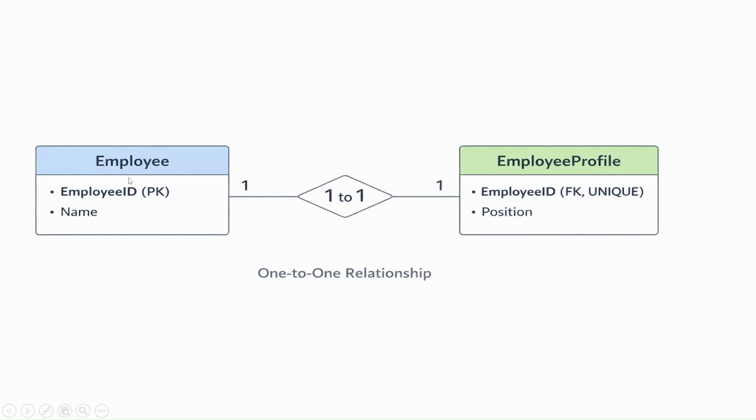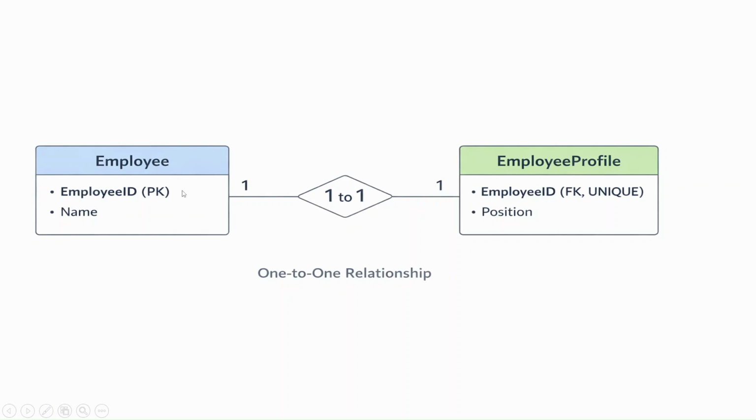These two tables are separate, the employee table and the employee profile table, but the primary key is shared between these two tables. This is the primary key, and it is shared with the employee profile table. As this is the primary key of employee ID, it becomes a foreign key for the employee profile.